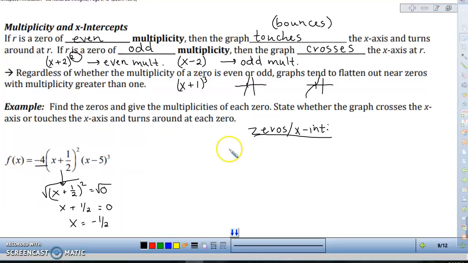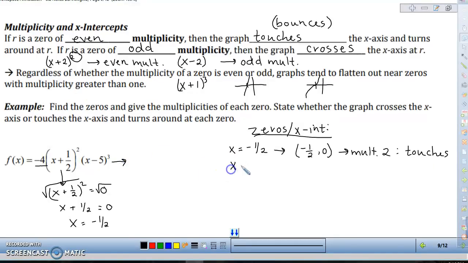So over here, negative 1/2. Writing that as an ordered pair would look like (negative 1/2, 0). This has a multiplicity of 2, which means it is going to touch and bounce back off at that point. My second 0 is a little more obvious.